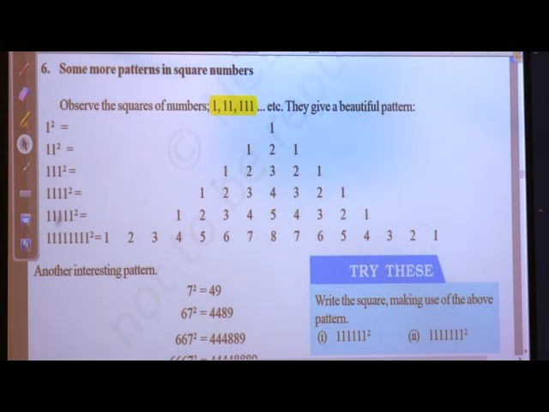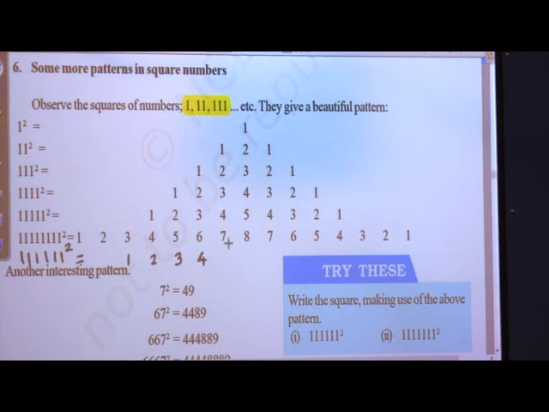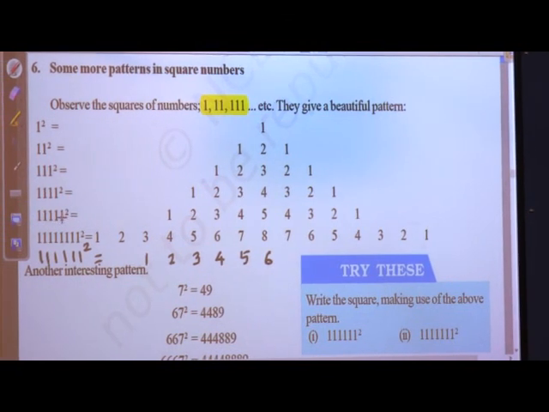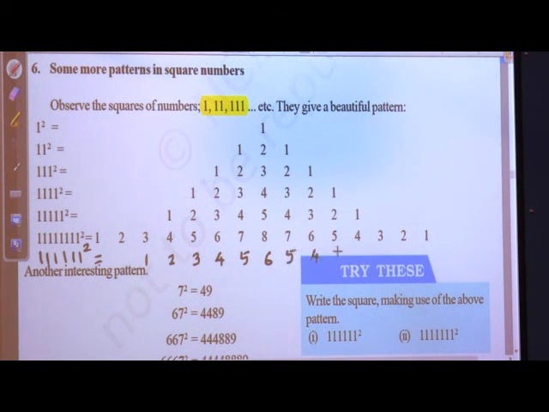I will write below 6 times 1. 111111 squared is equal to 1, 2, 3, 4, 5, 6, and after this 5, 4, 3, 2, 1. Five 1s were present in the earlier case; here 6 times 1 is present.